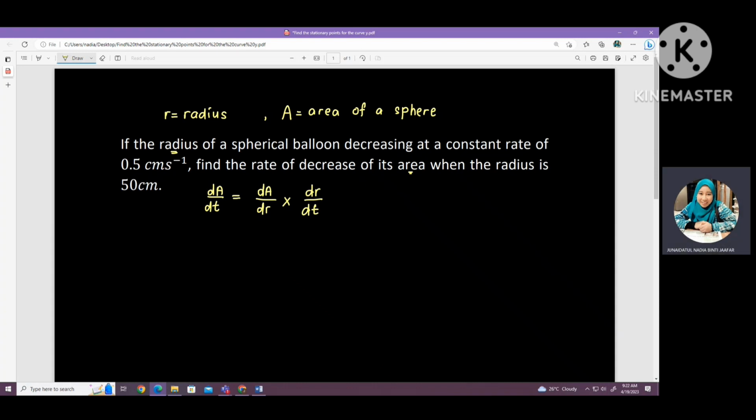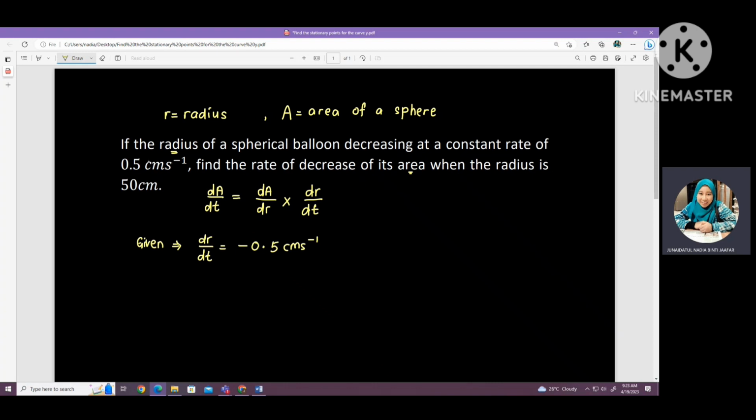Okay, so given in the question is the value of dr over dt from the first sentence. We know that dr over dt is equal to negative 0.5 centimeter per second, because the sentence says the radius of a spherical balloon is decreasing at a constant rate of 0.5 centimeter per second.